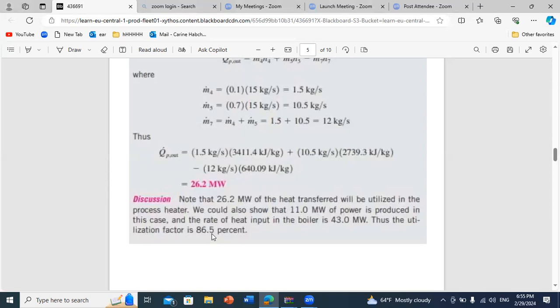So you are able to produce electricity while maintaining a high utilization factor, much larger than the one for pure electricity production. So this was the purpose of this problem, to show you how you can produce several forms of energy using the same cycle, and how you can control the percentages of process heat and electrical work. Thank you.